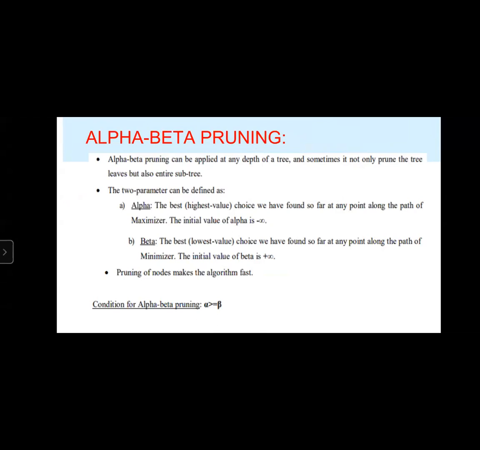Alpha is the best, that means highest, value we have found so far at any point along the path of the maximizer. The initial value of alpha is minus infinity.